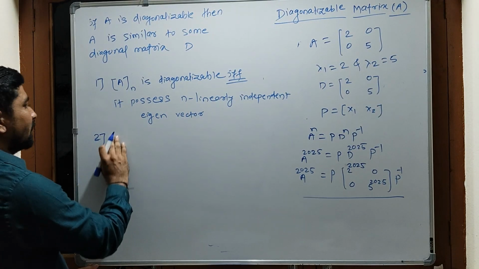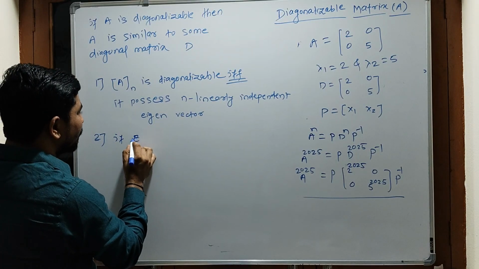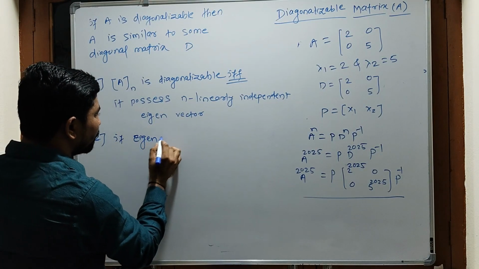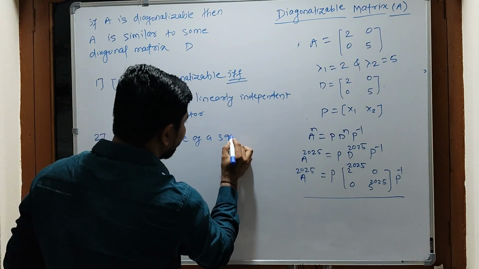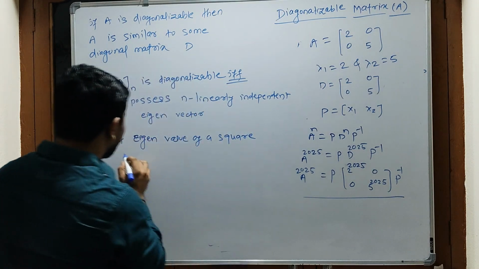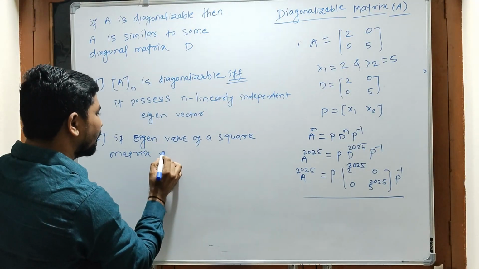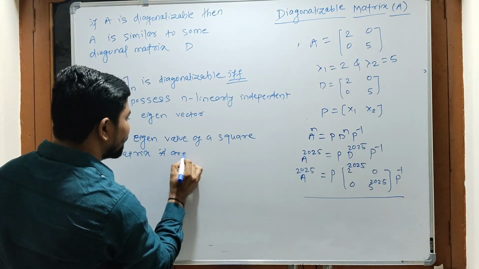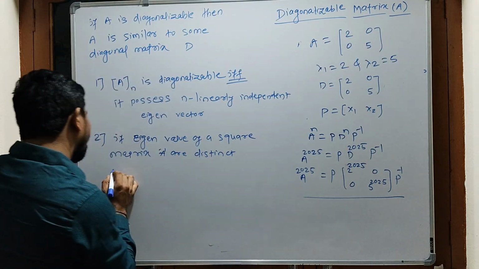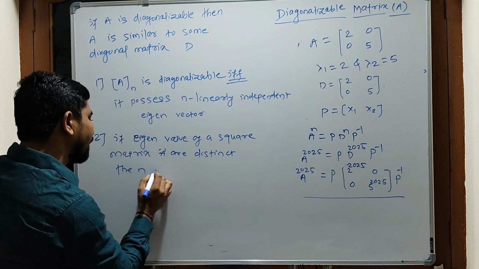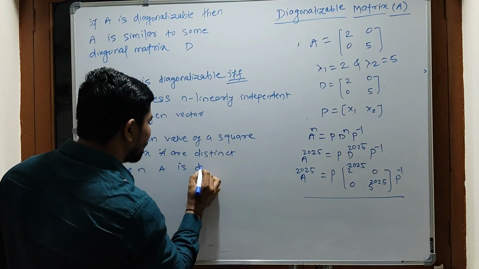The second result is that if the eigenvalues of a square matrix A are distinct, then A is diagonalizable.